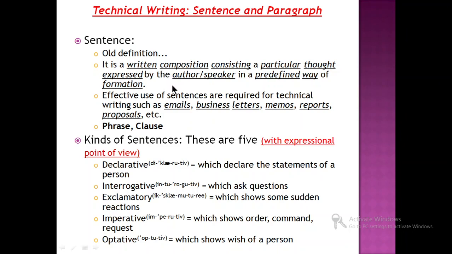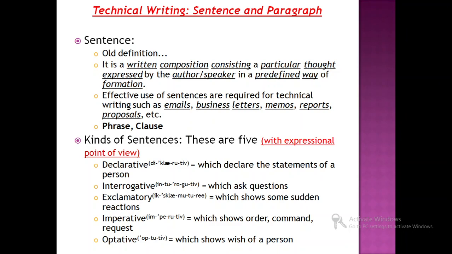Yes or no? Absolutely. इसको एक और दूसरे तरीके से, in a new way, ये हमारी ओल्डेस्ट डेफिनेशन है, इसको थोड़े से नए तरीके से भी लिखने की कोशिश की है, so that you can make the understanding of this sentence a bit deeper. It is a written composition. ये ऐसा लिखने का कॉम्पोजिशन है. ये स्पोकन कॉम्पोजिशन भी आप बोल सकते हैं, लेकिन सेंटेंस लिखने में ज्यादा इफेक्टिव होते हैं. So it is a written composition consisting of a particular thought expressed by the author or speaker. एक ऐसा रिटन कंपोजिशन जो रखता है किसी थॉट को, जो किसी राइटर ने या बोलने वाले ने एक्सप्रेस किया है in a predefined way of formation. Predefined way of formation का मतलब यहां पर यह है, we all know, without following some of the rules of a language, we cannot frame a sentence.